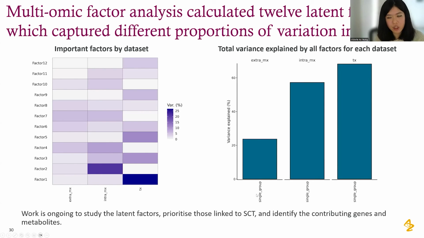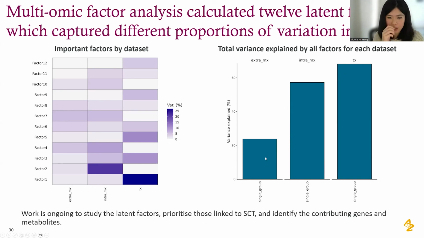Equally, we can look at the total variance explained by all the factors for each data set. So what we can see from this bar chart here is that the latent factors cumulatively explain quite a bit of variation in the transcriptomic data set and quite a bit in the intracellular metabolome as well. However, they explain considerably less in the extracellular metabolome.